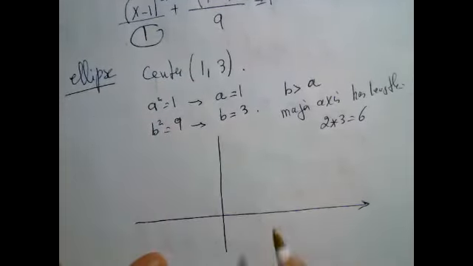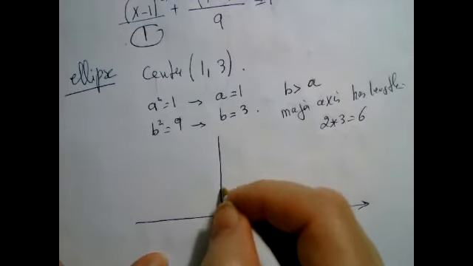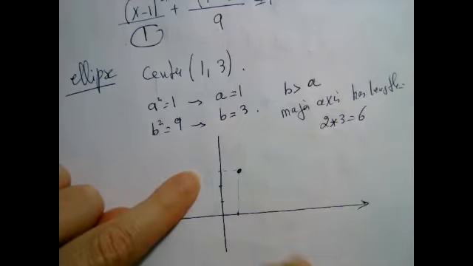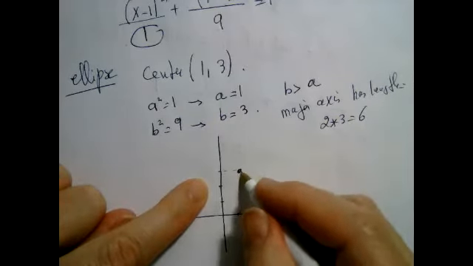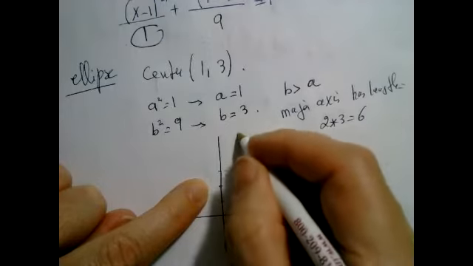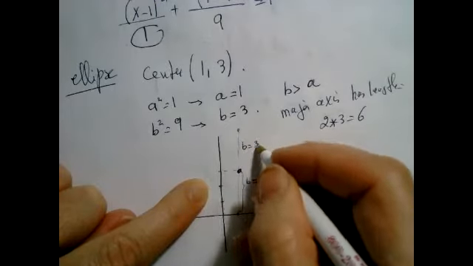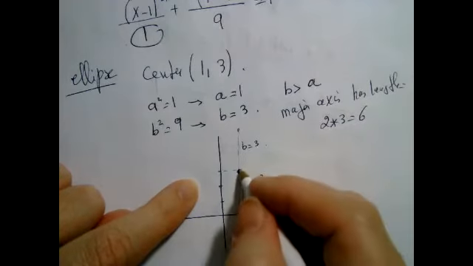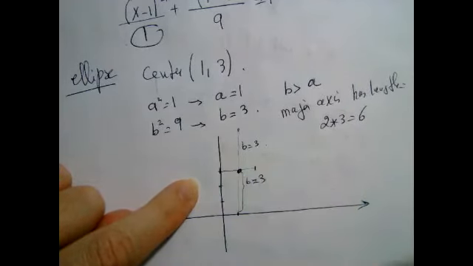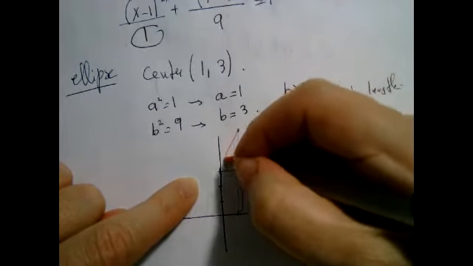Graph it. The center is 1, 3. That's the center. Okay, that's a 3. Now, b is 3. Means if I go down, that's the b, which is 3, I go up 3. That's the b. The a is 1. 1 from here and 1 from here. That's the a. So my graph will be this one.